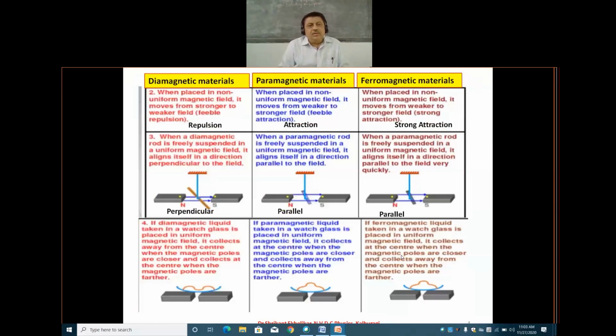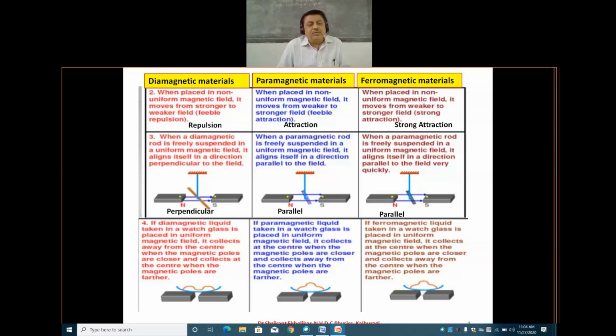So once again, diamagnetic materials are the materials which have negative susceptibility. The chi or susceptibility is negative, and when these materials are placed in a magnetic field, they feel repulsion from the magnetic field.